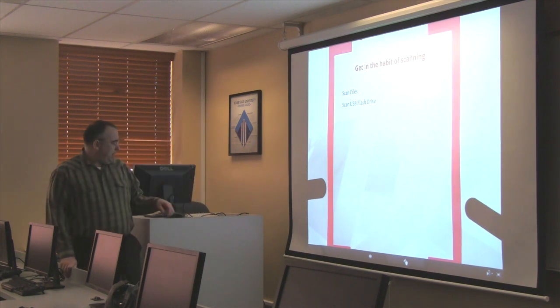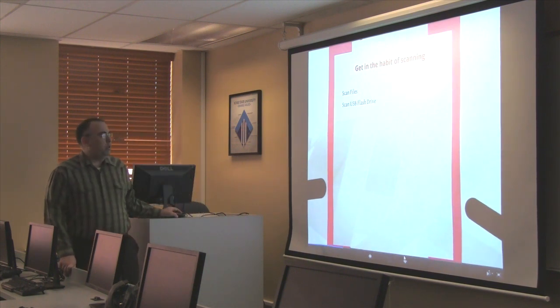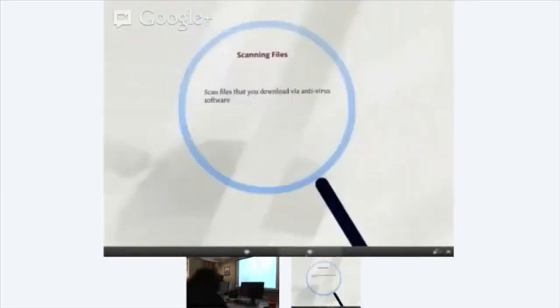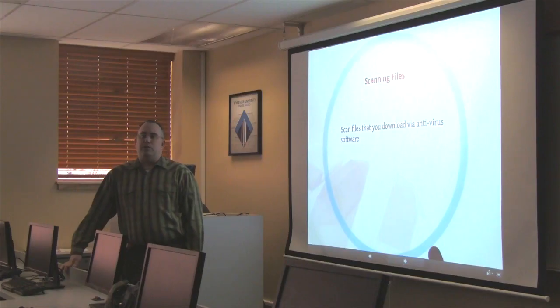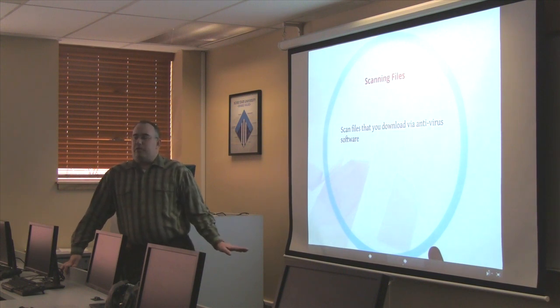Once you have antivirus software installed on your computer, it's real simple to scan files. I would scan files that you download from the internet. These are files where you don't know who the author is, files that you've been emailed or just found somewhere on the internet that you want to download, like a document you'd like to read or share with others.